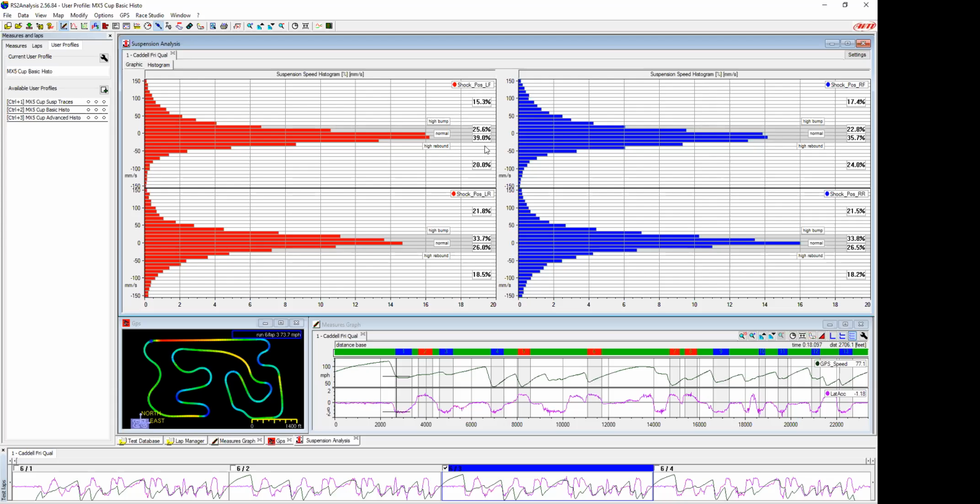And the opposite of that is here on the rebound on the low speed front. On this left front tire, the high speed rebound, it is spending a lot of time moving up and down, especially on the rebound side, the droop, as it's happening too quickly. 39% of the time, this thing is spending its time in rebound.